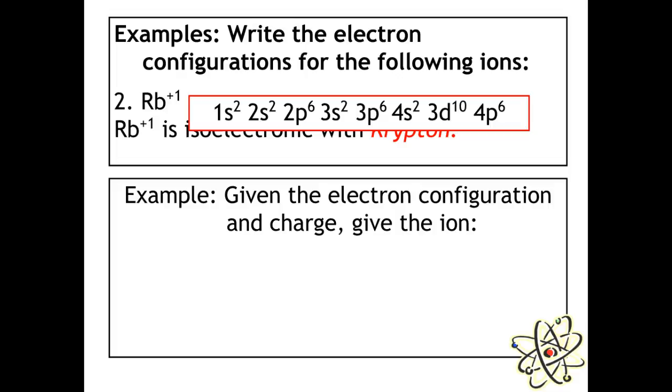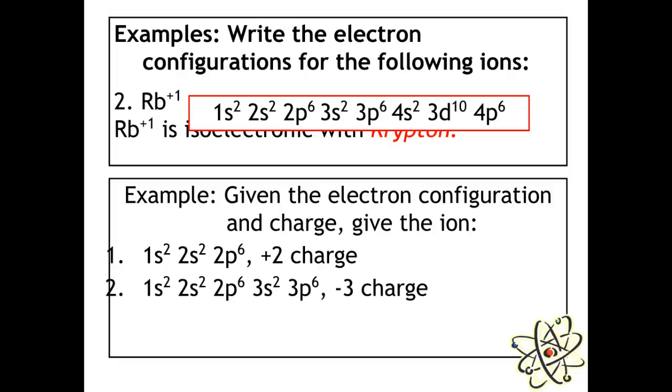Give the electron configuration and charge. Well, given that information, give me the ion. So if we have 1s2, 2s2, 2p6, you following along on the periodic table, that looks like neon. But we have a 2+ charge. Here's the other example, but let's keep talking about example number 1.